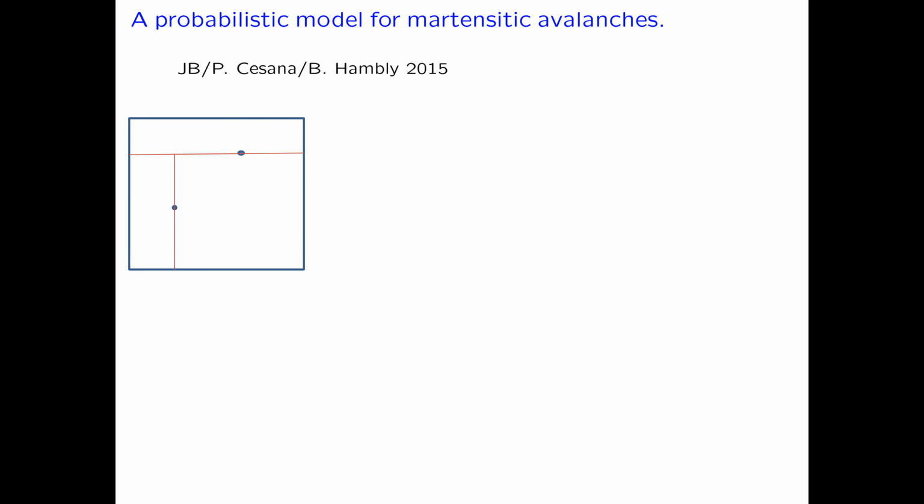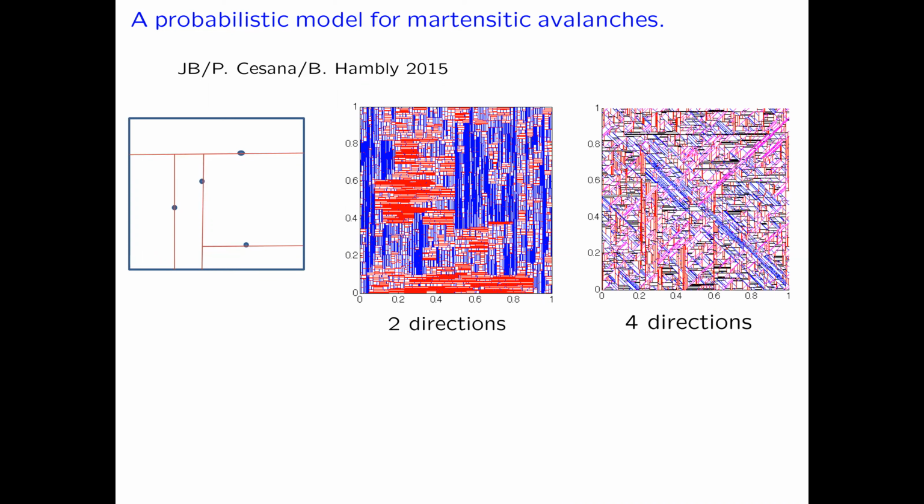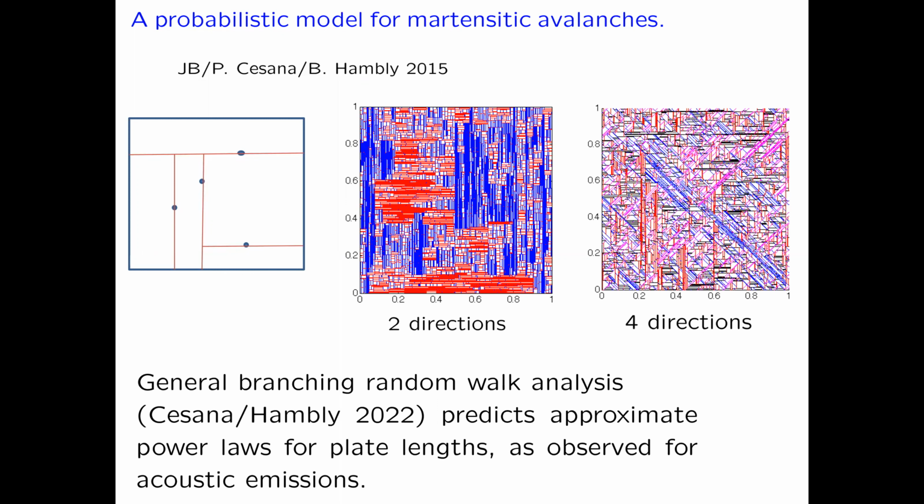So simulations show that you get, that's with 2 directions, with 4 directions, and this is not so different from the sort of pictures that you see, actually. And it's been put into a generalized branching random walk analysis by Heriot-Watt and Ben Hamley. Ben Hamley is a probabilist in Knoxville.